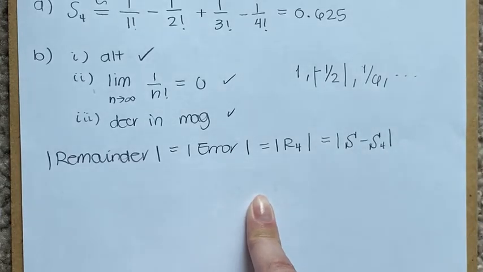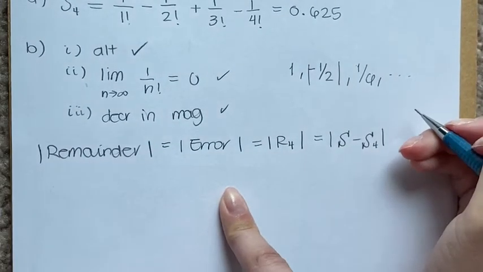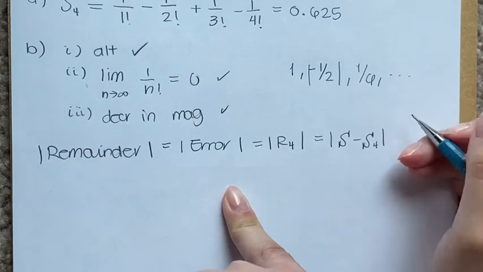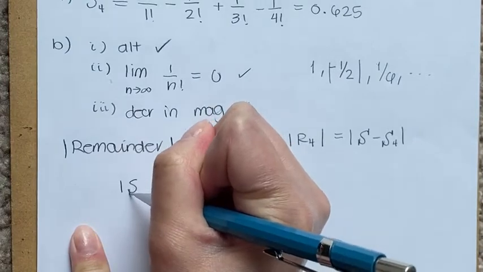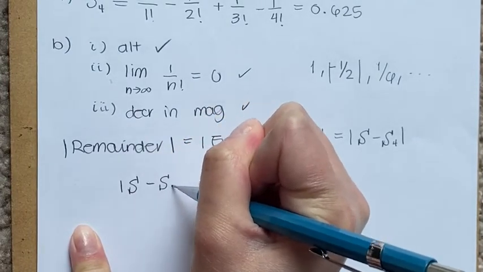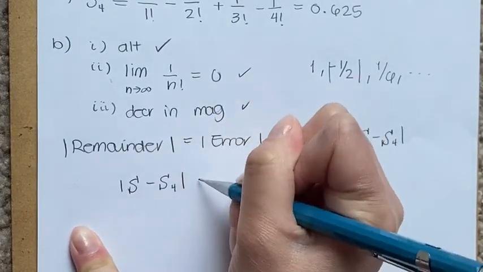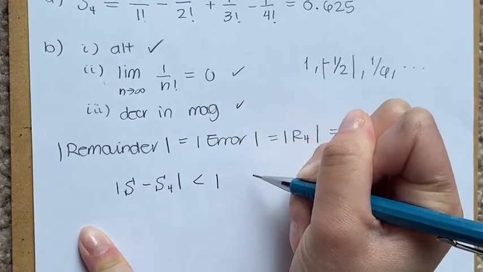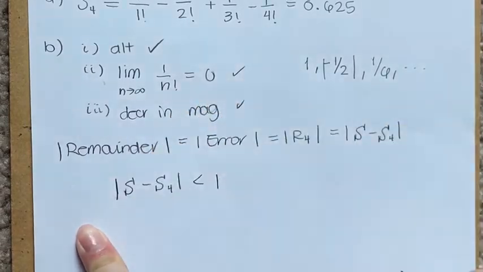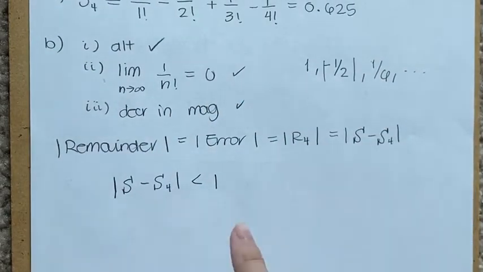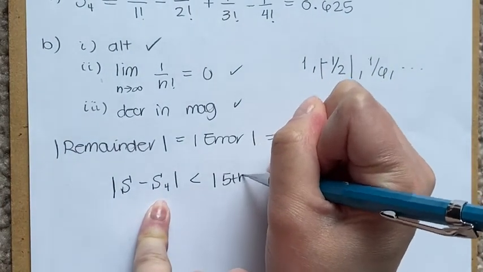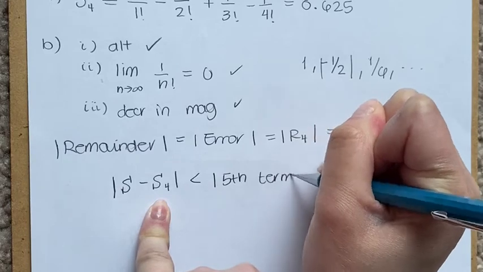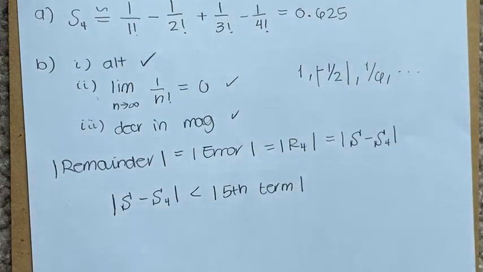The theorem says that S minus S sub 4 is less than the first truncated term. What is the first truncated term? The last term we used is the 4th term, so the first truncated term would be the 5th term. Please note that it's the absolute value of the 5th term because it's alternating.